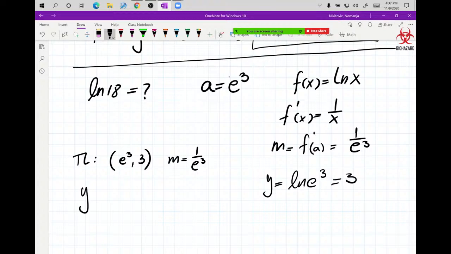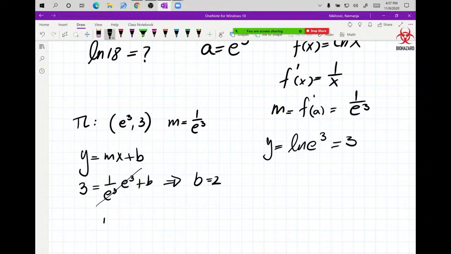So y equals mx plus b: y is 3, m is 1 over e cubed, x is e cubed, plus b. These guys cancel, and that gives me that b is 2.